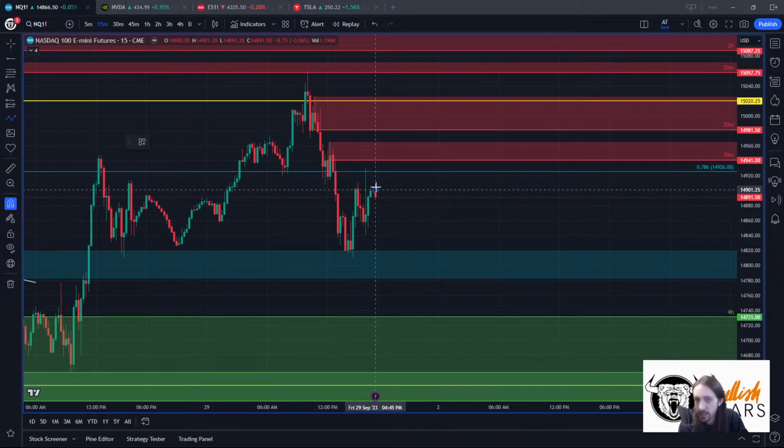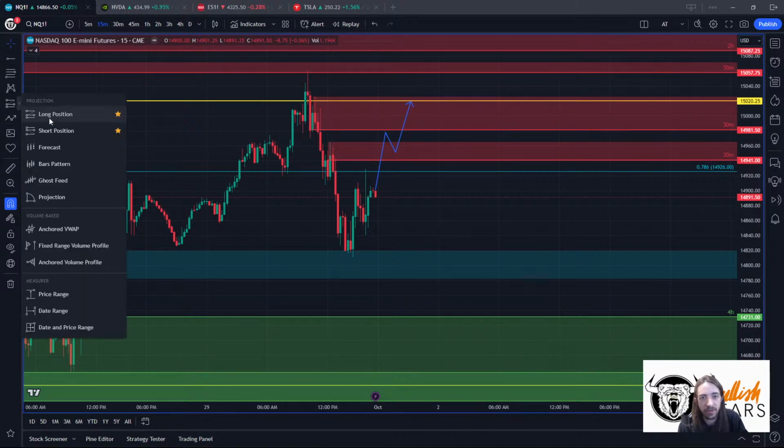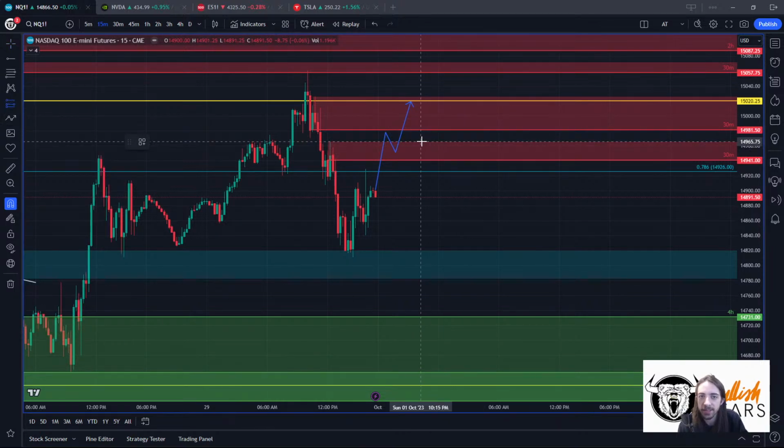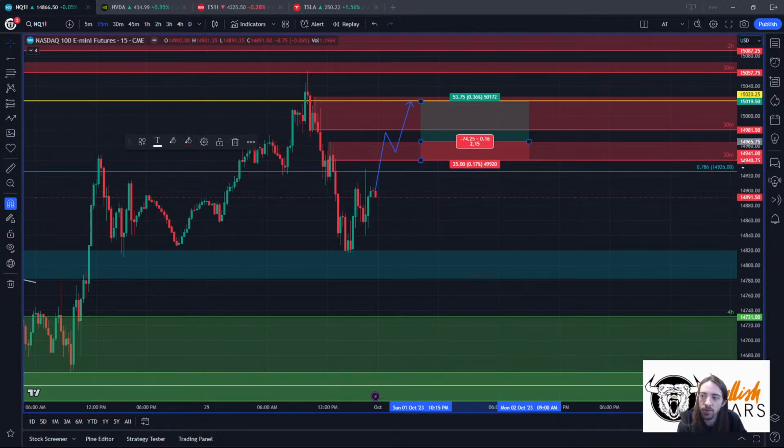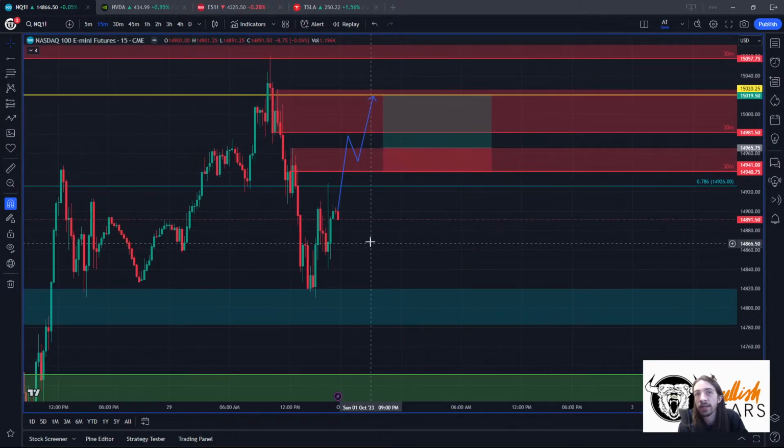So let's say market opens, we get a strong move higher, we break this zone, and then we start to come back. I might take a long position in this zone and target this key level trend line right here. So I'll show you exactly how that would look risk to reward wise. Probably like a 2 to 1, maybe not even. Yeah, about a 2 to 1 risk to reward would be a smaller trade. Tight stop loss on that.